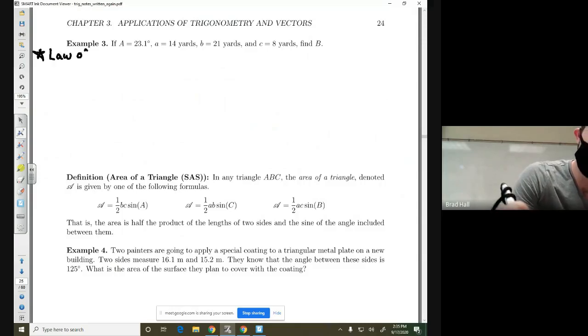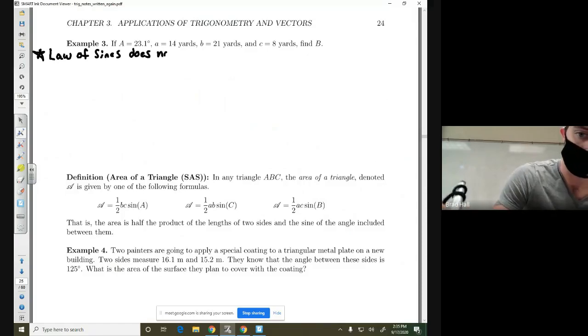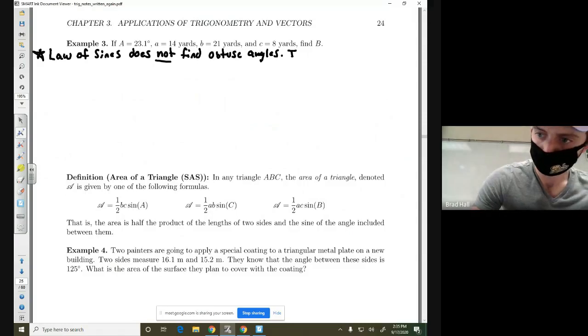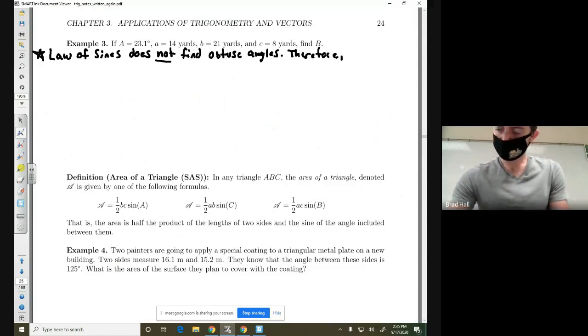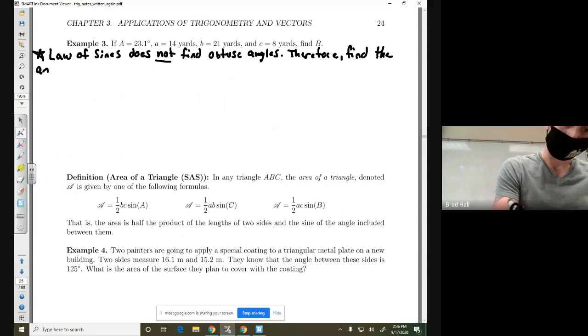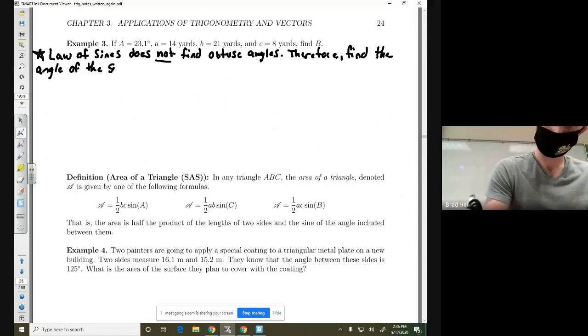well, law of sines does not find obtuse angles. Therefore, find the angle of the smallest segment.